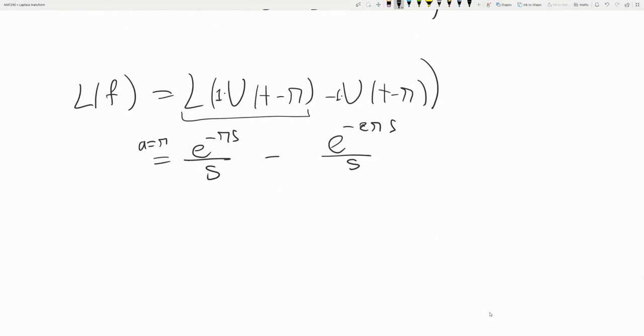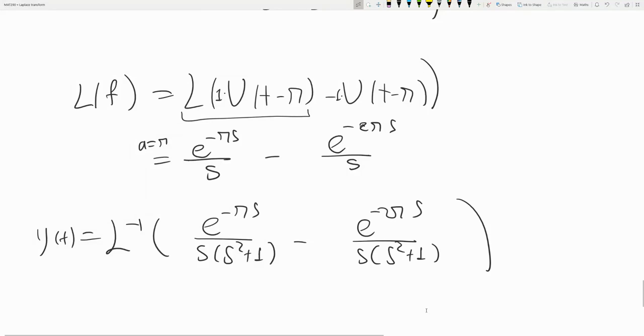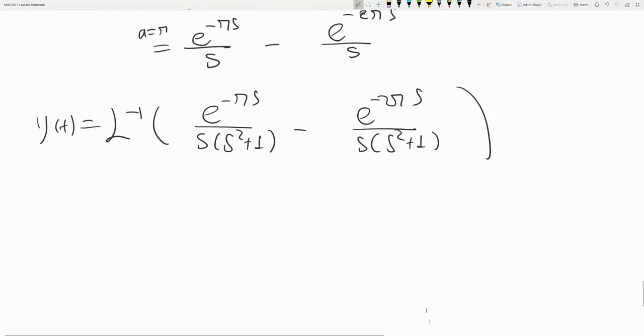So finally, we have y of t will be the Laplace inverse of the following: e to the minus pi s over s squared plus 1, minus e to the minus 2 pi s over s squared plus 1. So I leave it to you. This is again a partial fraction. So let me just write you the final answer after you do partial fractions.